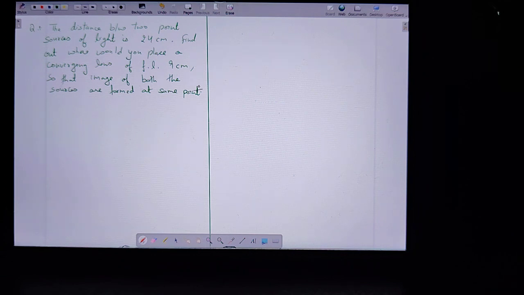Try to locate the position of the object first, and then solve this question.